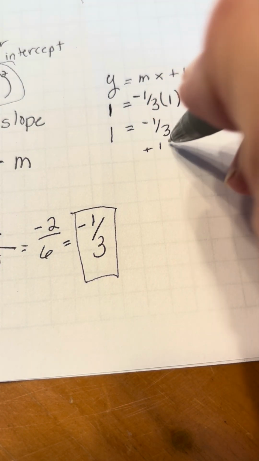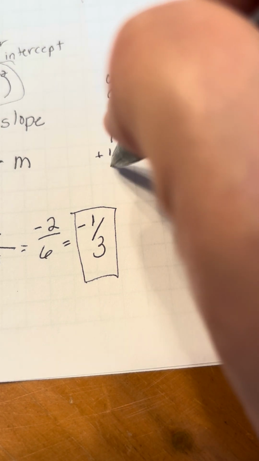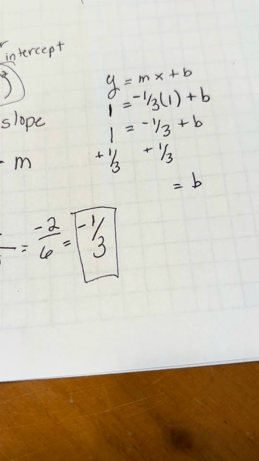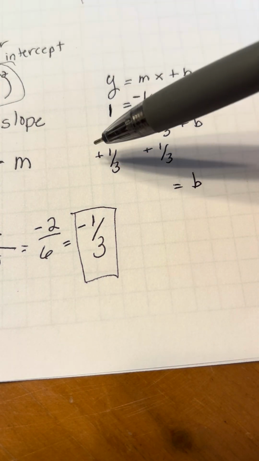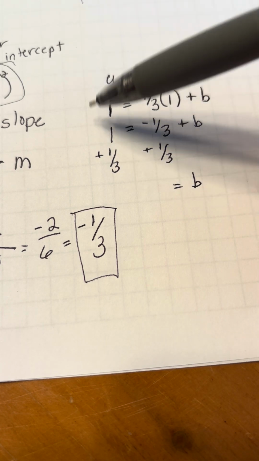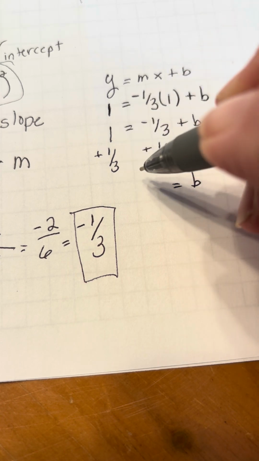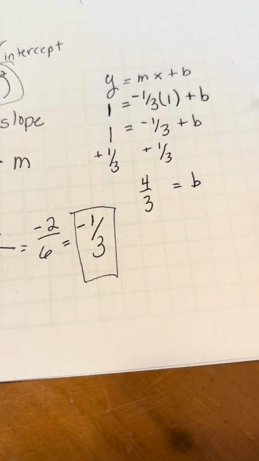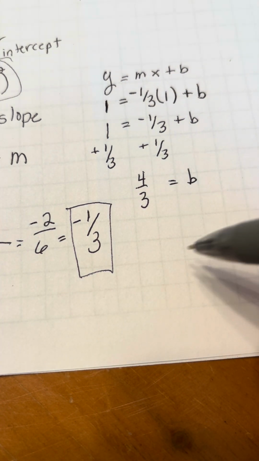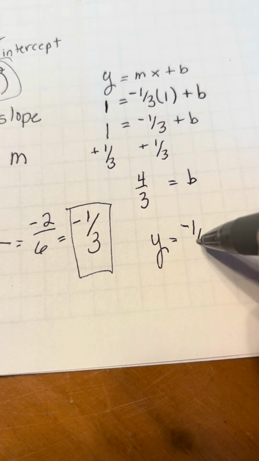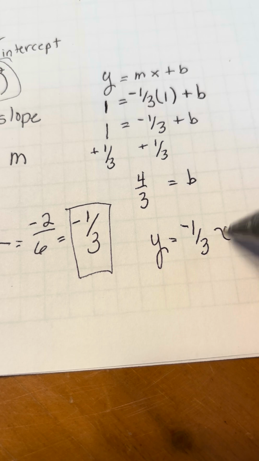I'm going to add 1/3. So this is a 1. I'm going to add 1/3 to it. If I go to my calculator, use the n over d button, I'm going to get 4/3. So now this equation is going to be y equals -1/3 x plus 4/3.